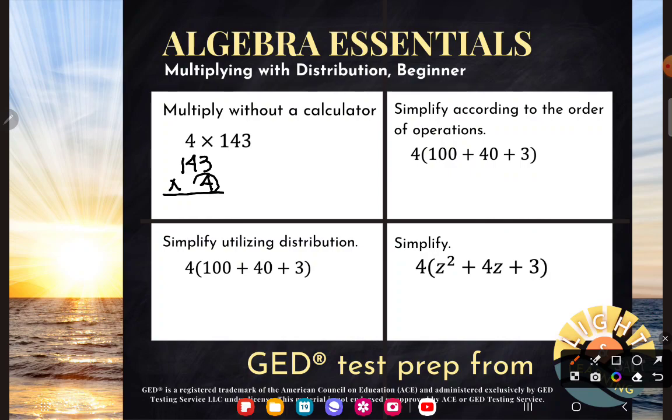But what I wanted to remind you is that when we multiplied, we've always passed out. We would take, for example, the 4 down here and multiply it by the number in the ones column, in this case 3. And we would say, that's 12 ones, or 2 ones and a 10. And we would carry that 1 into the tens column. And then we would say, now we're going to do 4 times 4. But it wasn't really 4 times 4. It was 4 times 40, because this 4 is in the tens place.